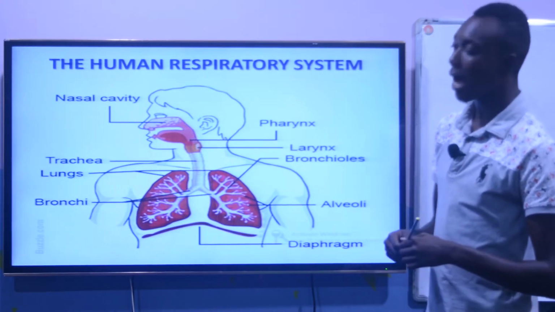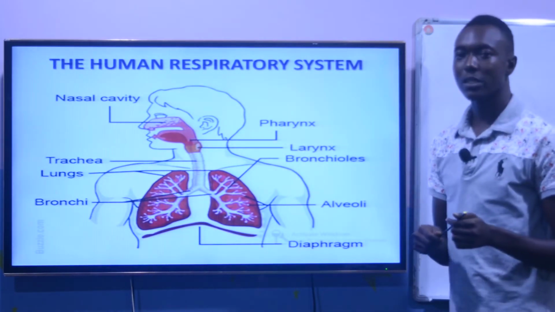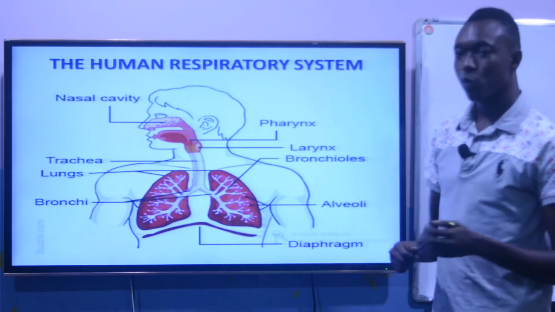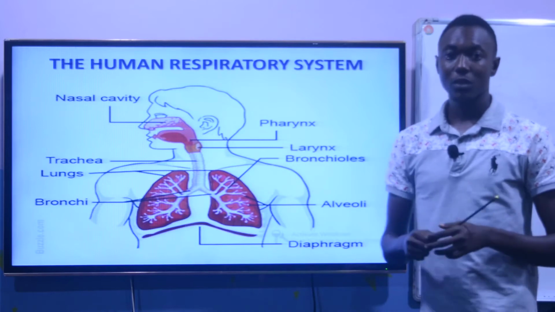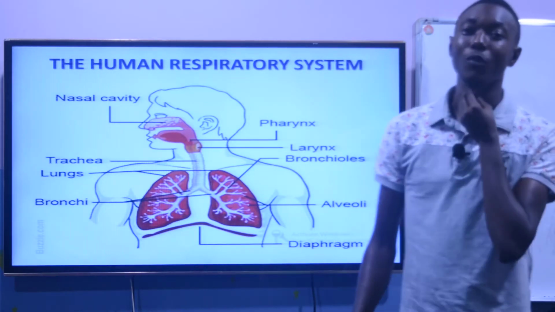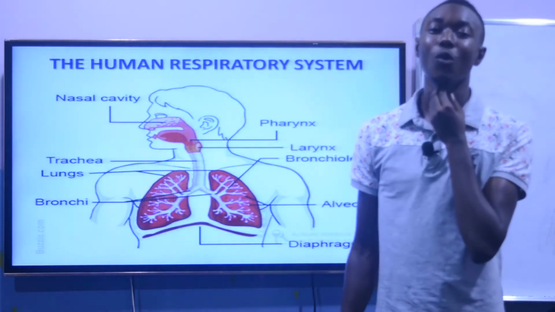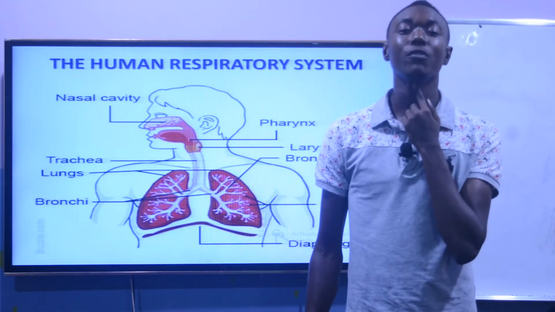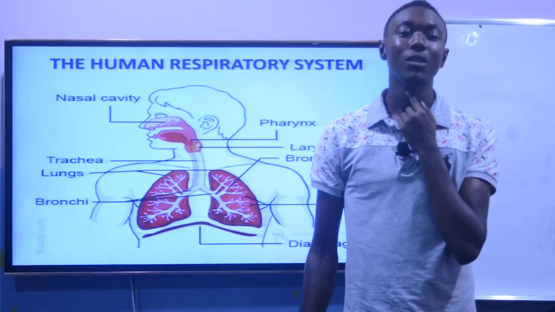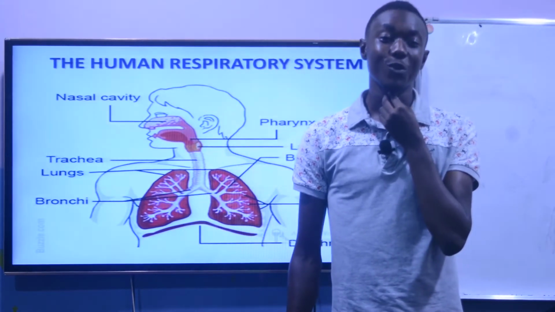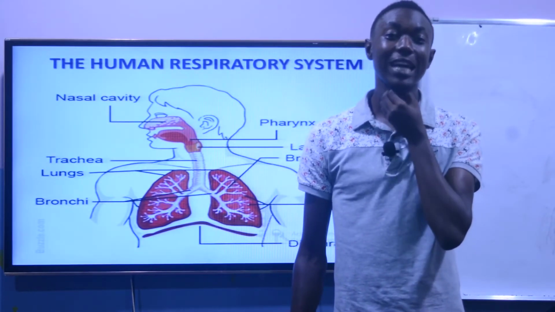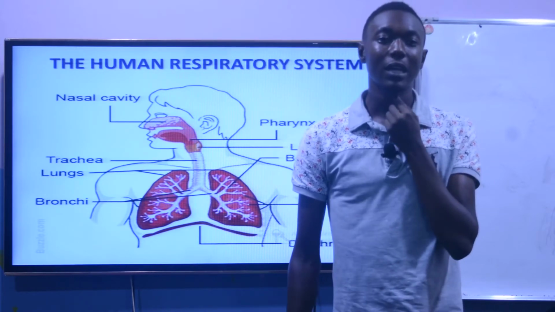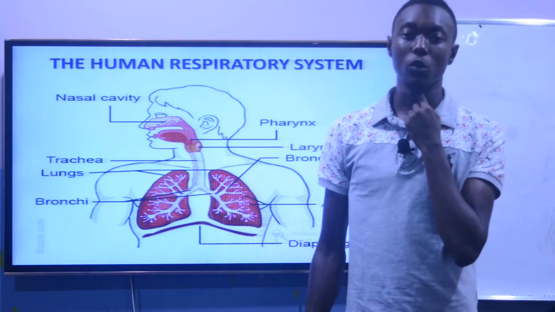From the pharynx, the next respiratory organ we shall talk about will be the larynx, also referred to as the voice box. This voice box, or the larynx, contains what we call Adam's apple. Now, I want you to raise your head this way and then touch this part of your body. You can also try with daddy because daddy has a larger larynx. In here, you will see the voice box.